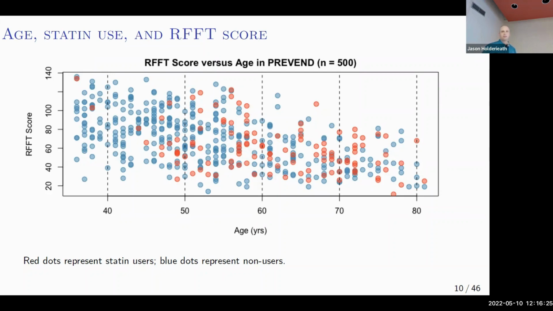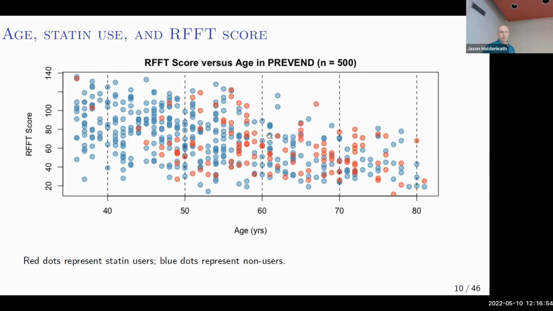But what do we think about the red dots? It's really hard to tell, especially just looking at this. Clearly, as you go on, a greater proportion of the respondents here are on statins. So this is going to be hard to piece out visually.